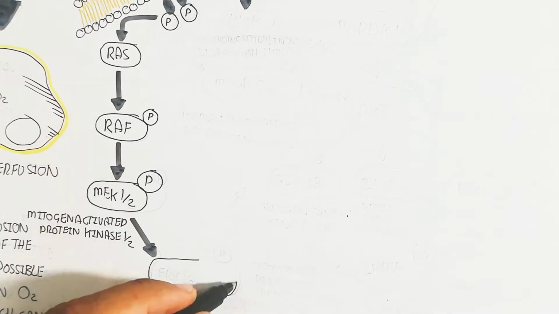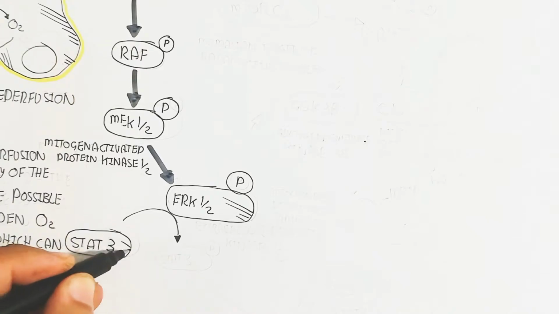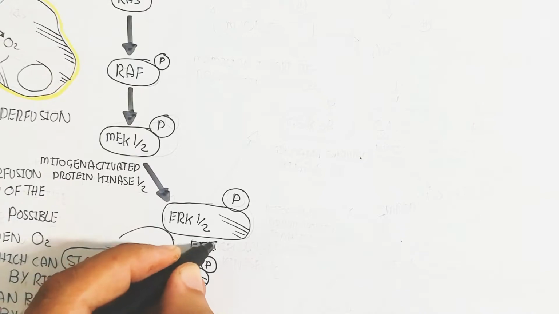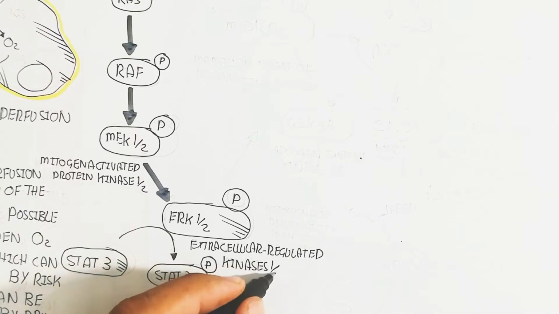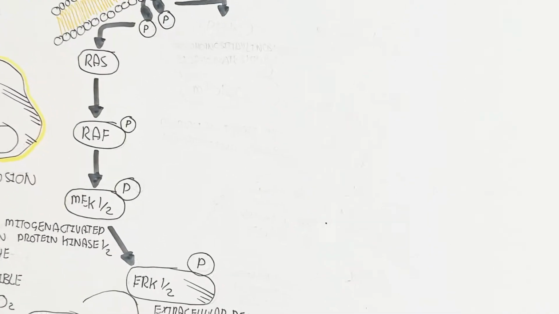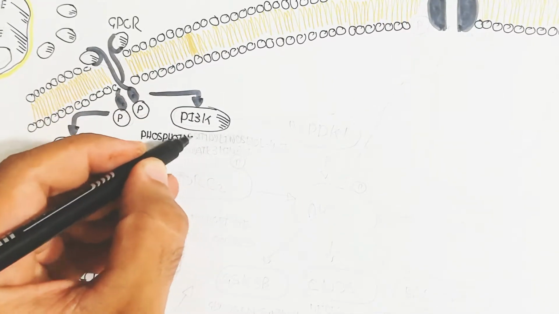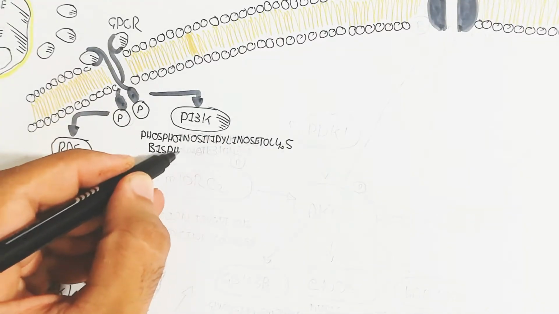MEK1 and 2 are the mitogen activated protein kinase kinases 1 and 2, and RAF is a rapidly accelerated fibrosarcoma kinase. ERK1 and 2 are the extracellular regulated kinases 1 and 2, which are stimulated. After phosphorylation, these proteins convert STAT from inactive to active. This is the reperfusion injury salvage kinase pathway for preventing mitochondrial damage.